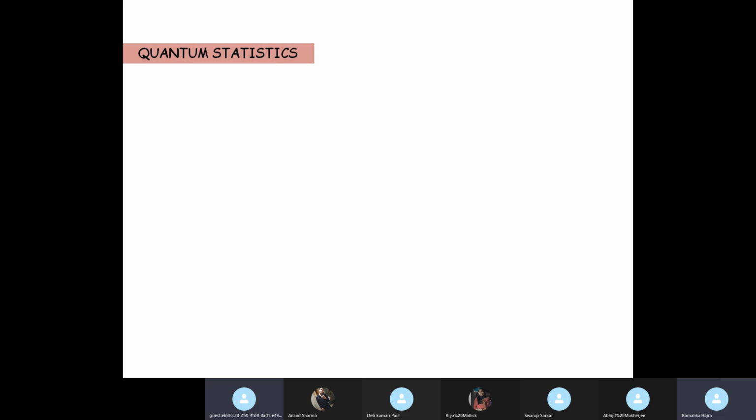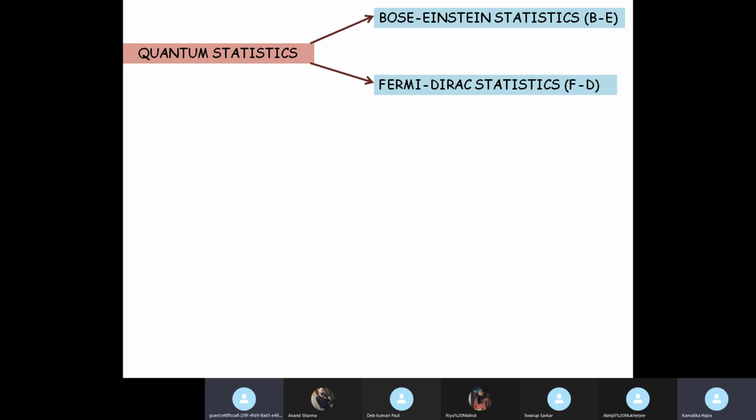Quantum statistics can be either Bose-Einstein statistics, which we will do in detail, or it can be Fermi-Dirac statistics. Now, in quantum statistics, we will be dealing with a very, very large number of identical and indistinguishable particles.